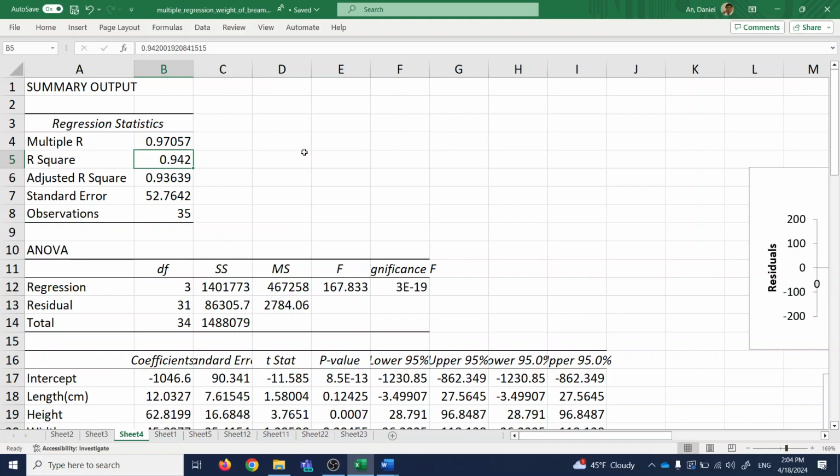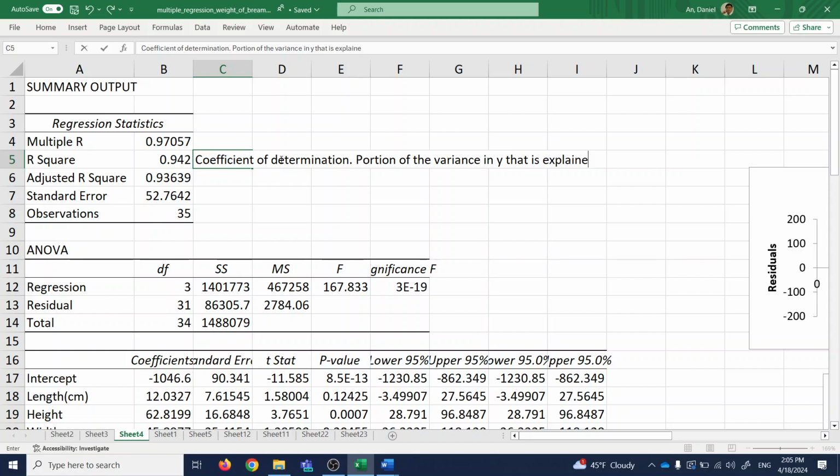So this is what's called the coefficient of determination, and it means the portion of the variance in y that is explained by the linear regression. That's what it means. Okay, we talked about this last time.